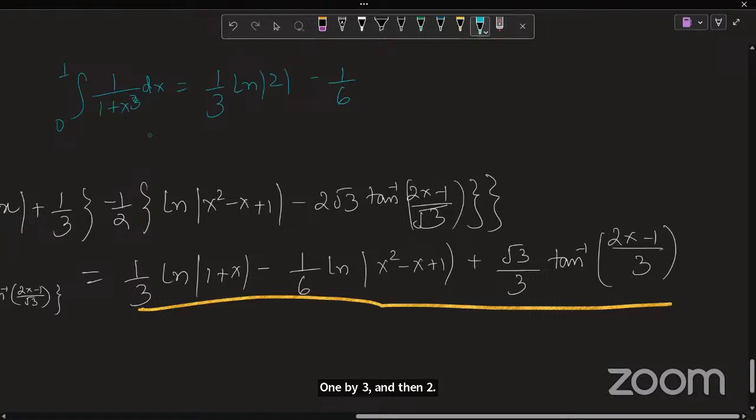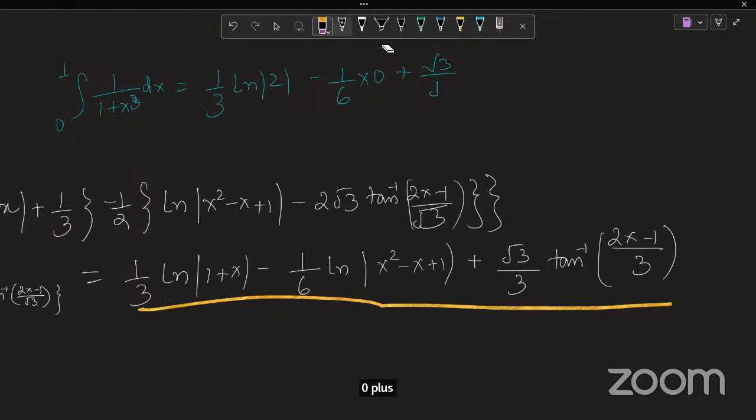What will you get? 1 cancels out, it will be ln 1. What is the value of ln 1? 0. Plus root 3 by 3, just directly write it, 1 by 3.